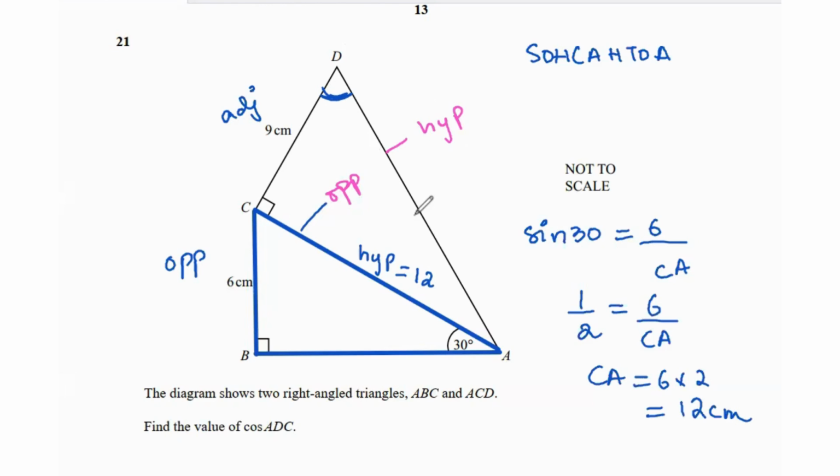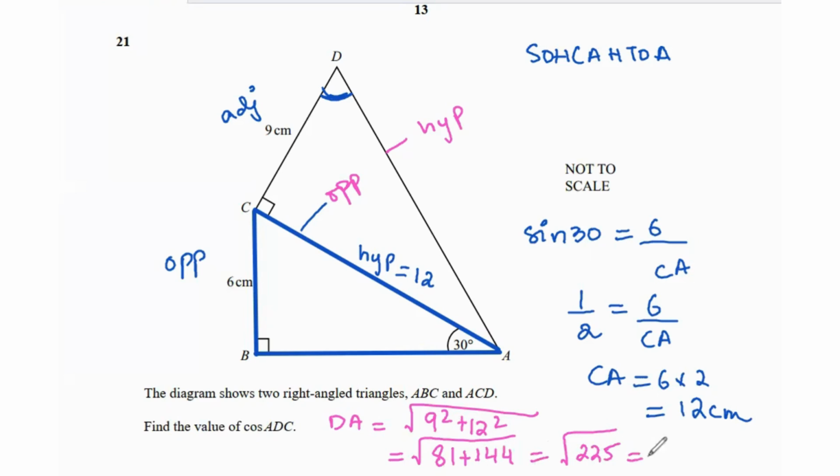And for the hypotenuse, I'm going to use Pythagoras because there's no other way of figuring out the hypotenuse. So DA equals the square root of 9 squared plus 12 squared. 9 squared is 81 plus 144, which is 225. And the square root of 225 is 15.